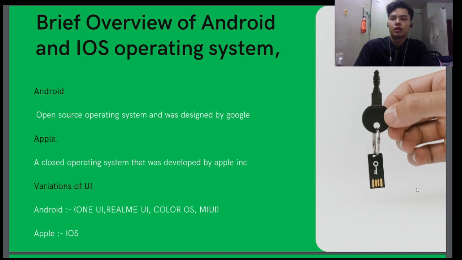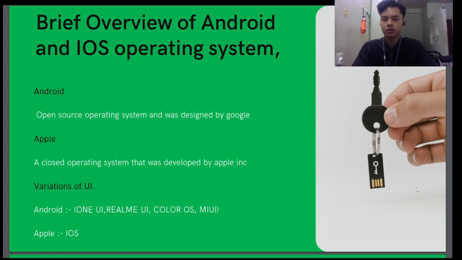For starters, I'll give a brief overview of the Android and iOS operating systems. Android is an open source operating system designed by Google, whereas iOS is a closed operating system developed by Apple Incorporation. As we all know, Android is used by multiple brands, so it will have variations of UI.